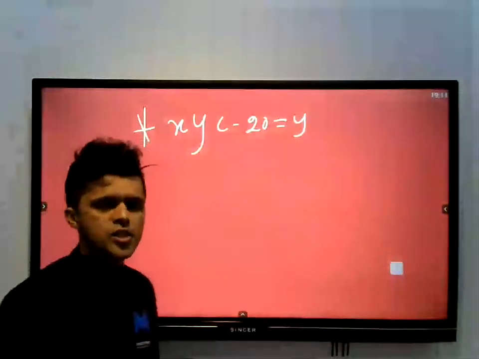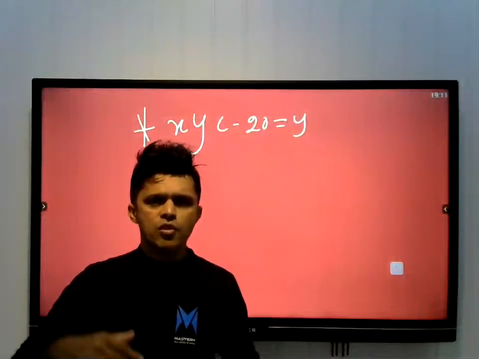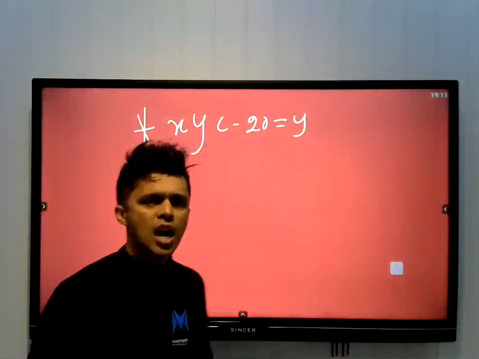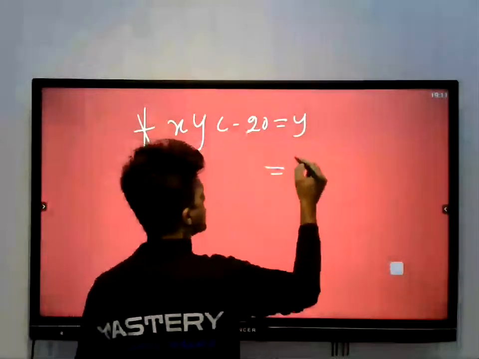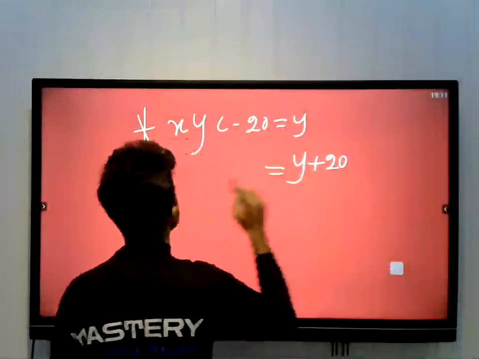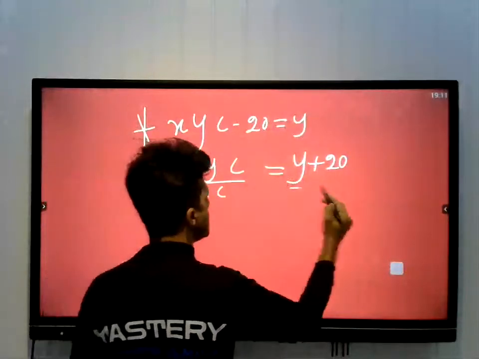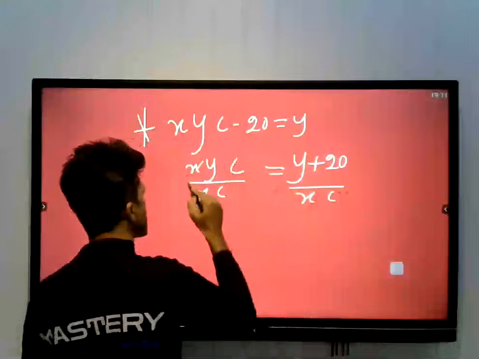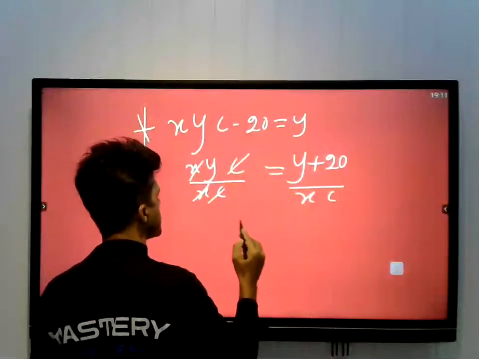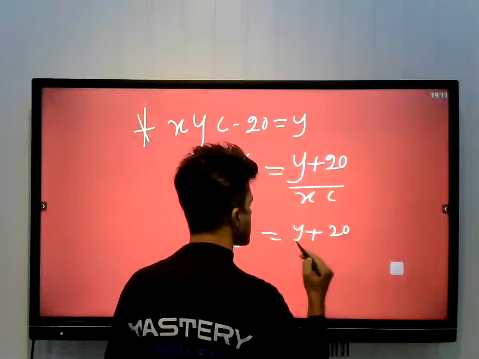You cannot write this one when you get the term y as the subject, you can't write that y equals to y minus 20 becomes plus 20, that xyz, then both sides are divided by xc, then x and x can be cancelled out, y, c and c. So y equals to y plus 20 over xc.